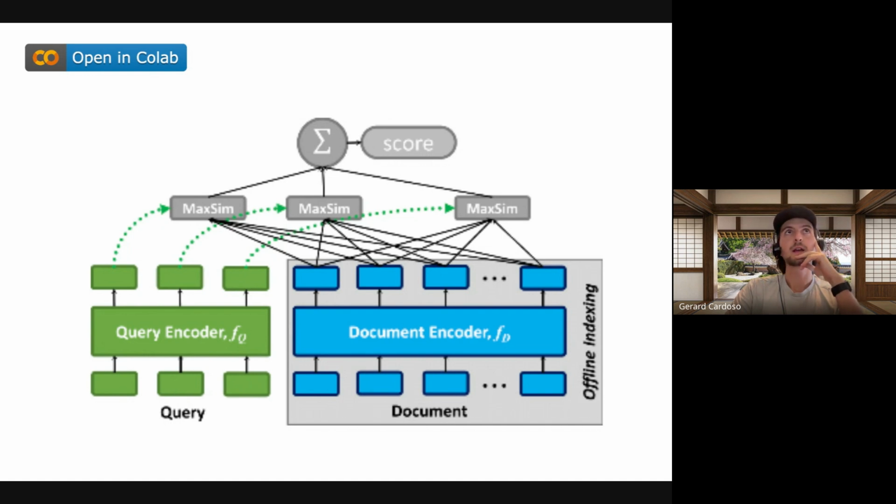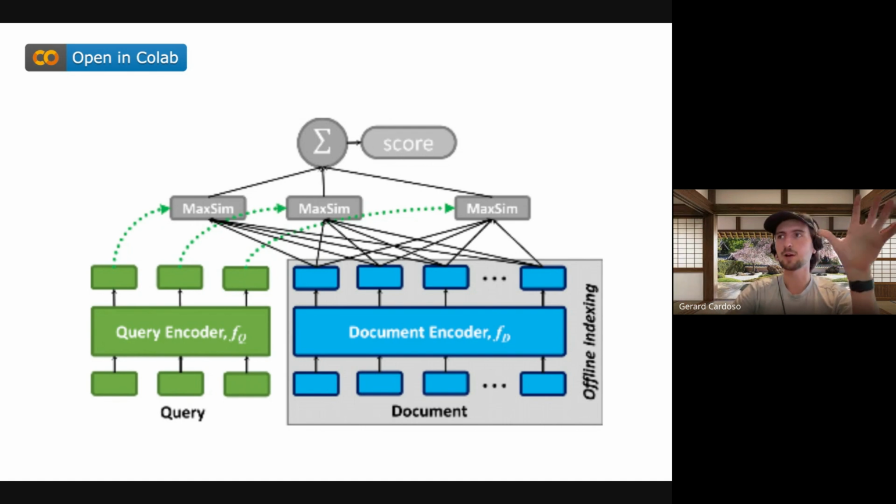What that gets you is much more granular. Rather than pooling the entire document into one vector, you're able to have much more granular interactions between specific tokens in the query and specific tokens in the document. And that's sufficiently fast, because you're still creating the document embeddings offline.